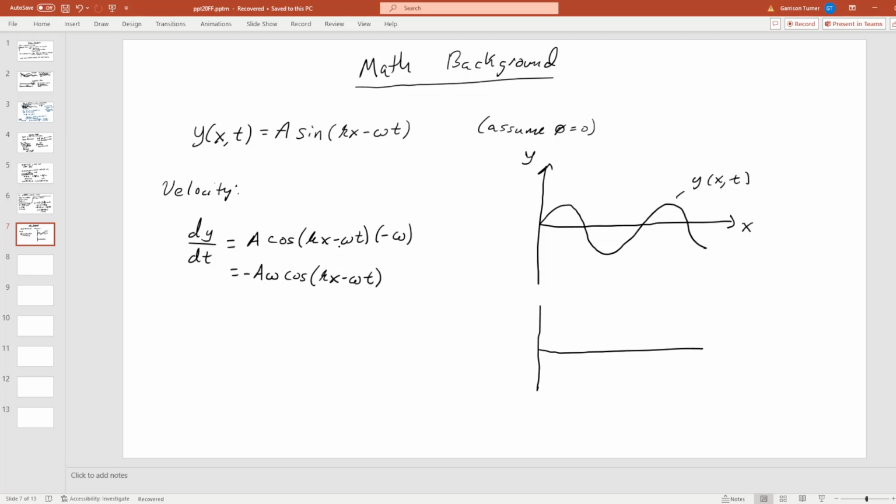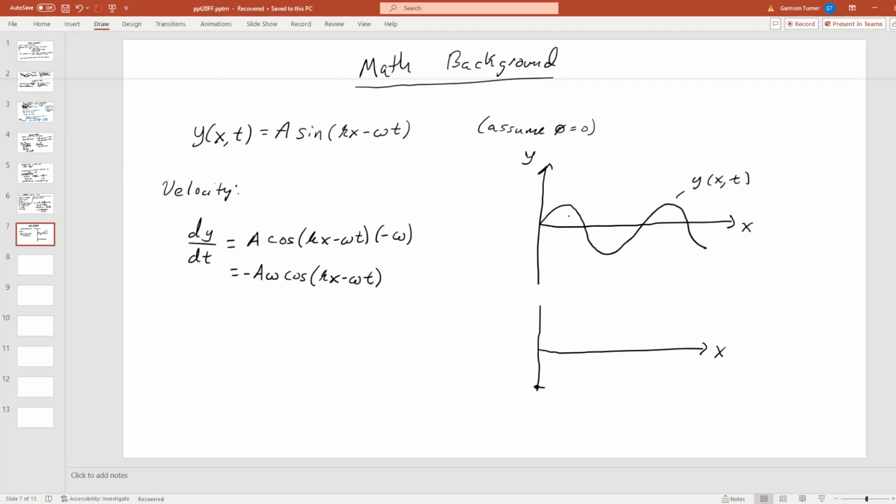But because our wave is moving forward, we have this minus sign attached to our omega. And so the result is that if I plug in 0 for t and 0 for x, this starts down here.